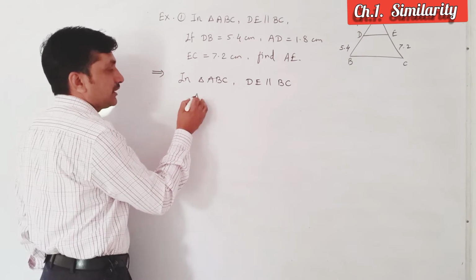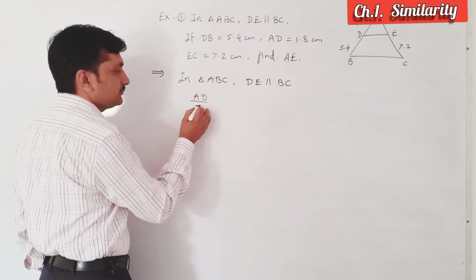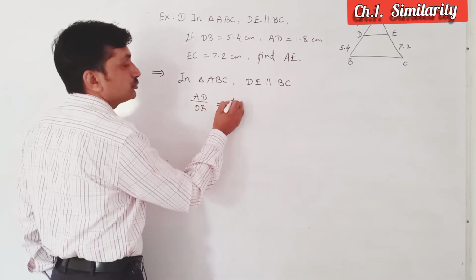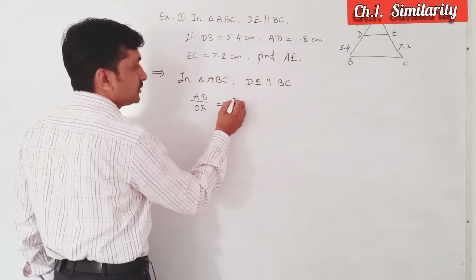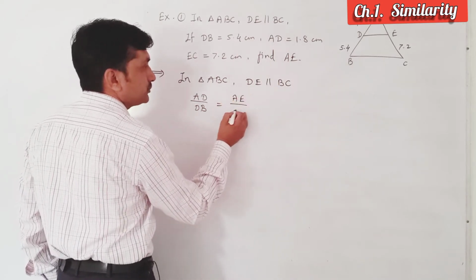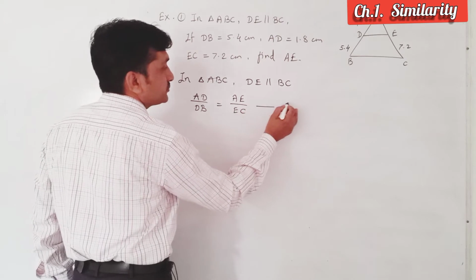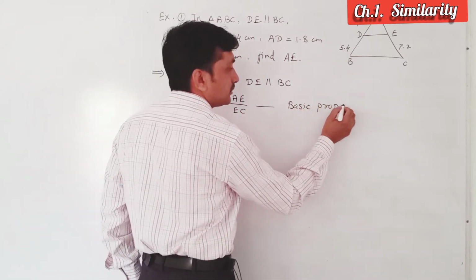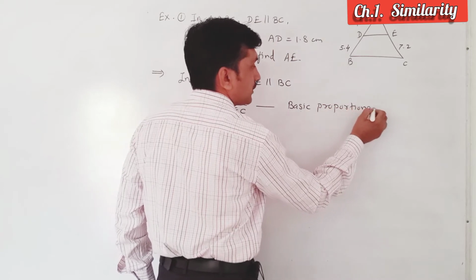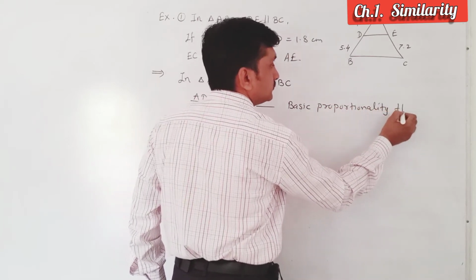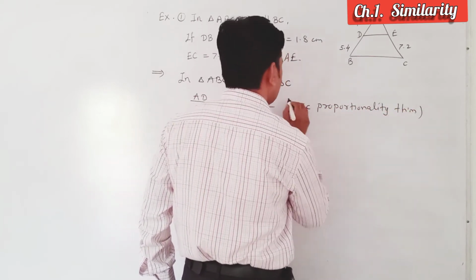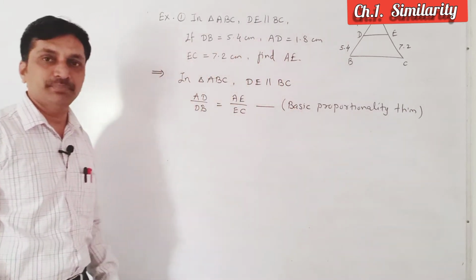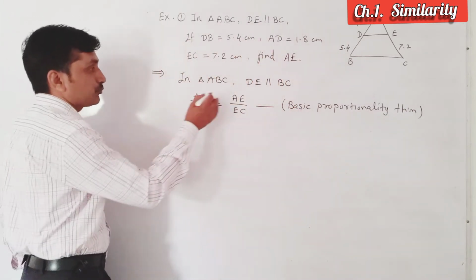By BPT, AD upon DB is equal to the ratio on that side at point E, AE upon EC. And here for the reason you write basic proportionality theorem. In short, you can also write BPT. Now put values.